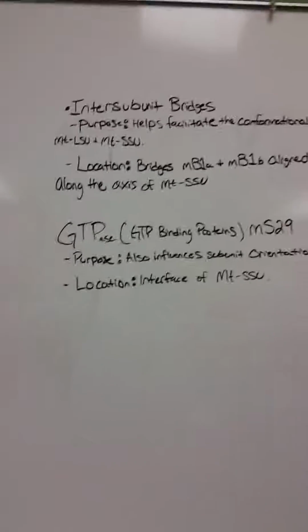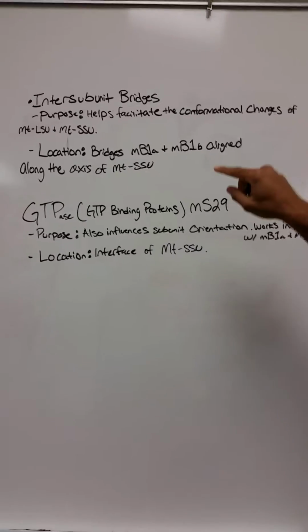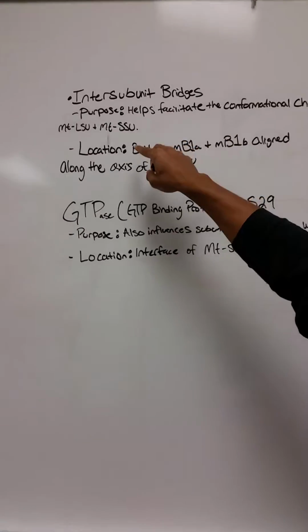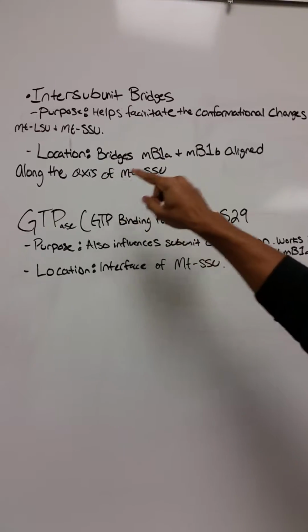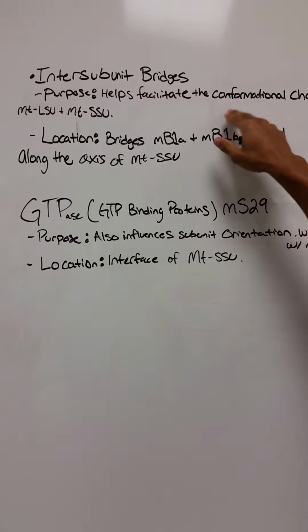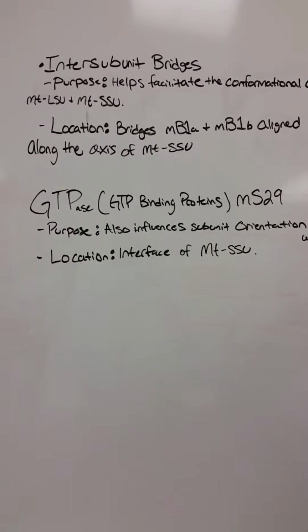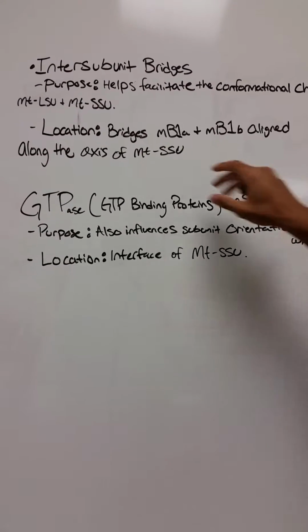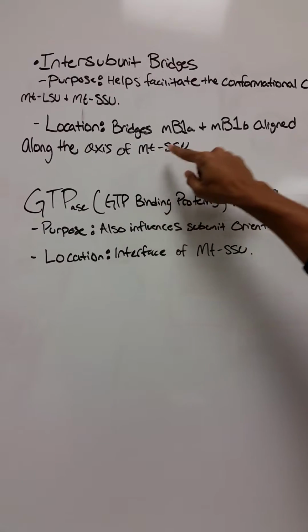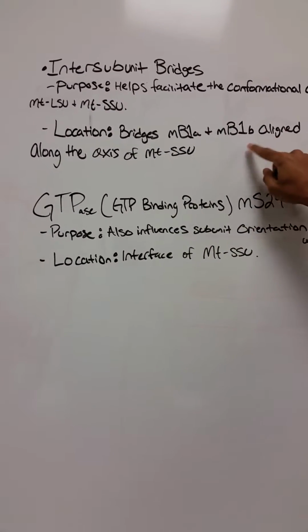So as we move to a few of the differences between bacterial ribosomes and mitoribosomes, there's a large subunit and a small subunit in both, but in mitochondrial ribosomes, these help to facilitate the many conformational changes that go on for the mitoribosome. A few examples of these are bridges MB1A and MB1B.